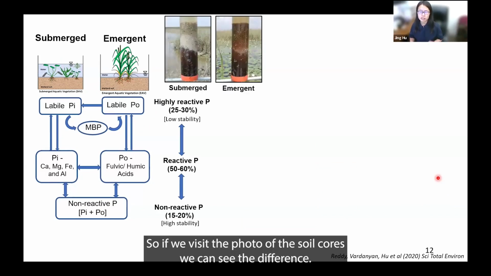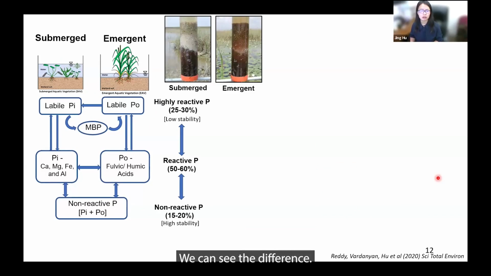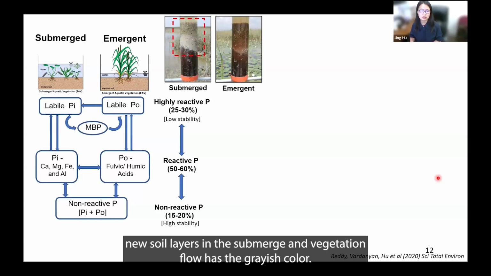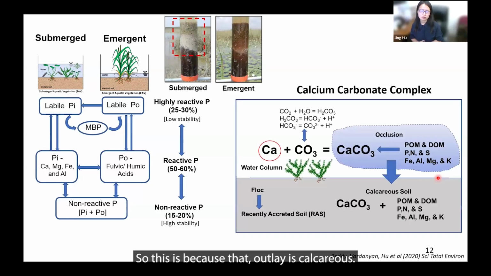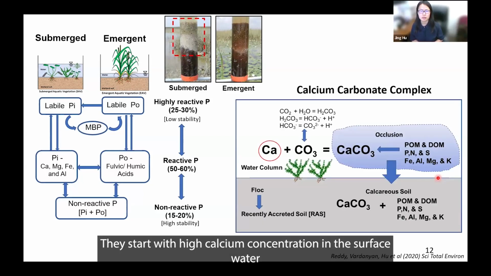If we revisit the photo of the soil cores, we can see the difference visually. The newer soil layers in the submergent vegetation flowway have a grayish color. This is because the Everglades is a calcareous system with high calcium concentration in the surface water.